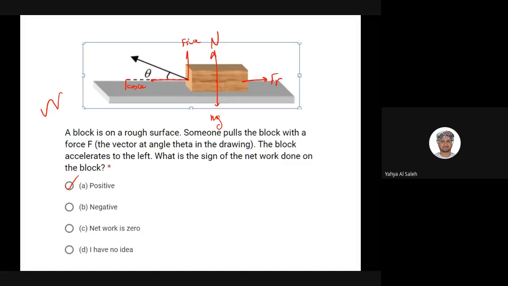Now, since the block is accelerating to the left, that means its velocity is increasing. And if its velocity is increasing, that means its energy is increasing, which means the work done is positive. We're giving it more energy. Now, here's the question. What if it said the block moves at a constant speed or constant velocity? What would be the sign of the net work done on the block?